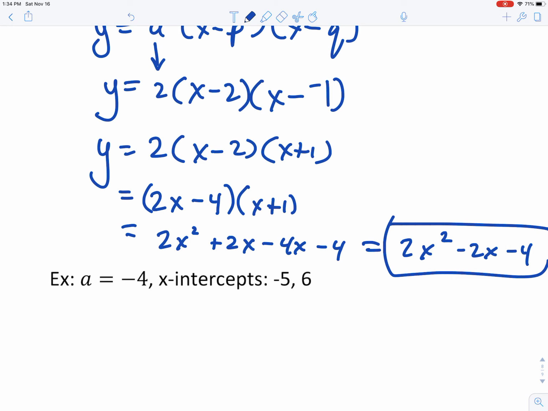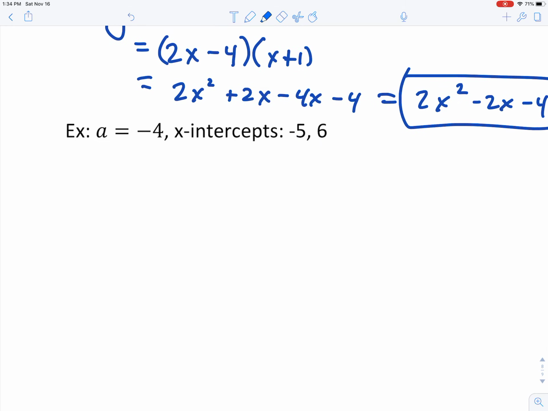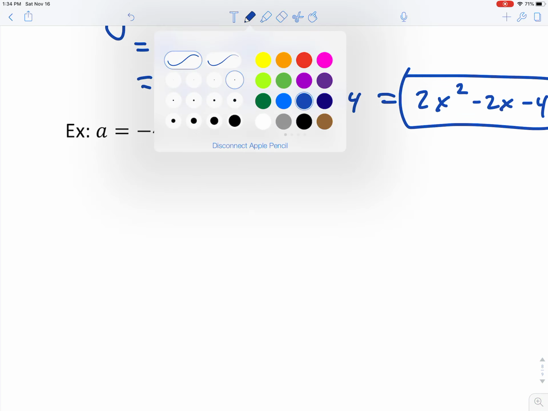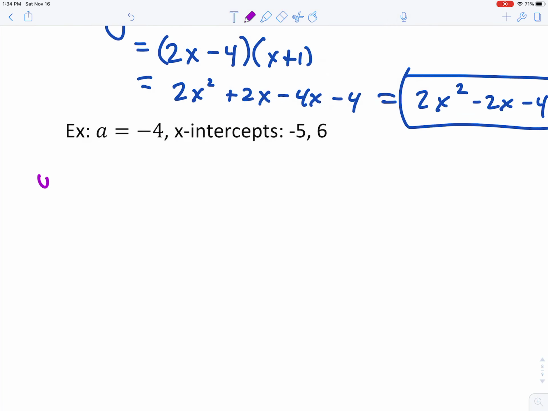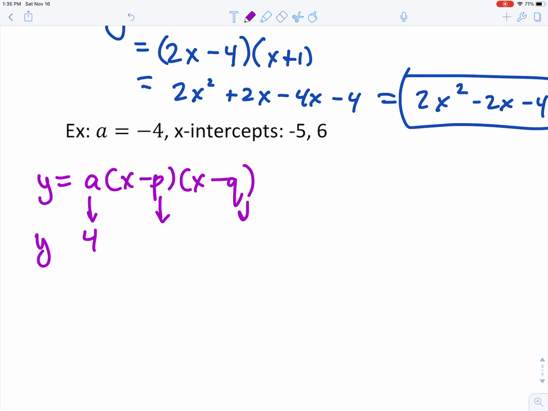Okay, we'll do one more just so you guys can see it. Again, I want to start in this form since I already know two intercepts. All right, so let me replace the a, the p, and the q. I'll replace p with -5, but there's already a minus, so this will be a +5.